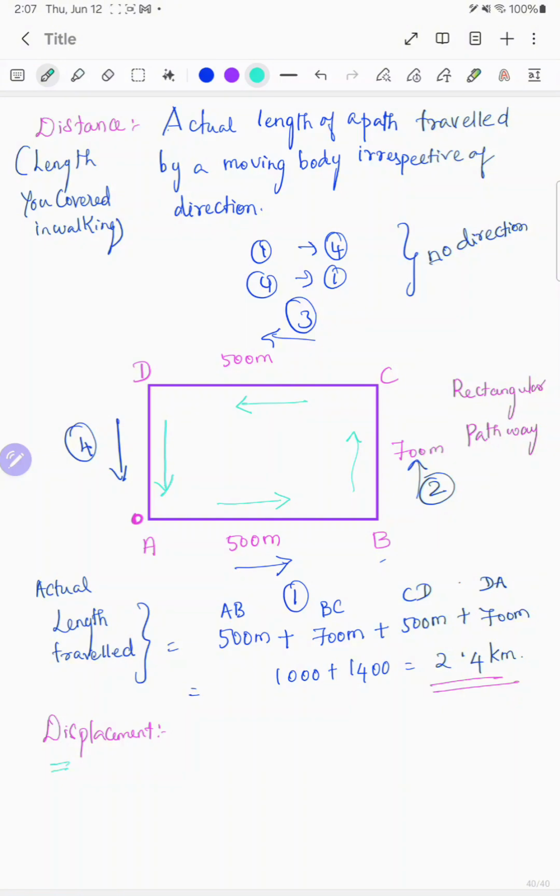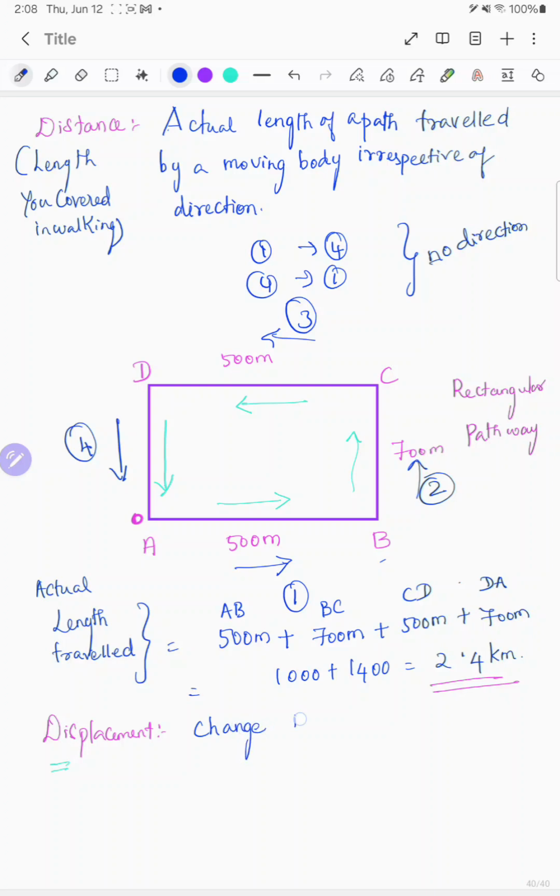Another way to say it: displacement is the shortest distance between two points, right? Here displacement is 0 because you are starting at the same point and ending at the same point. So if starting and ending are the same, displacement will be 0. I will give the definition for displacement. Displacement is the change in position.